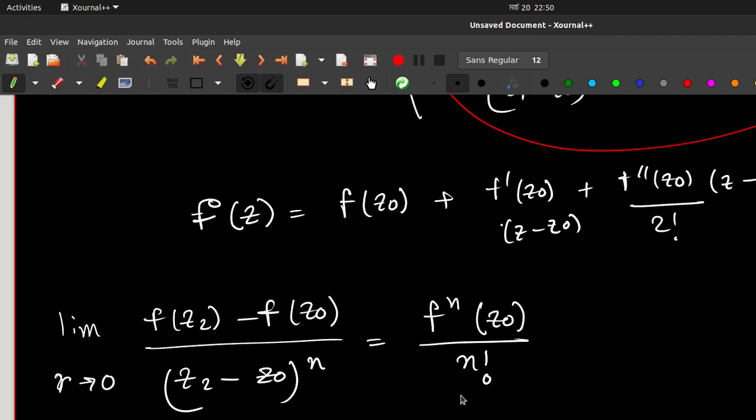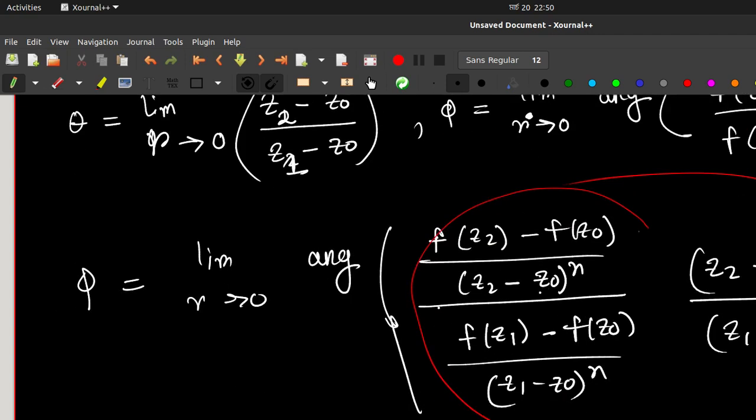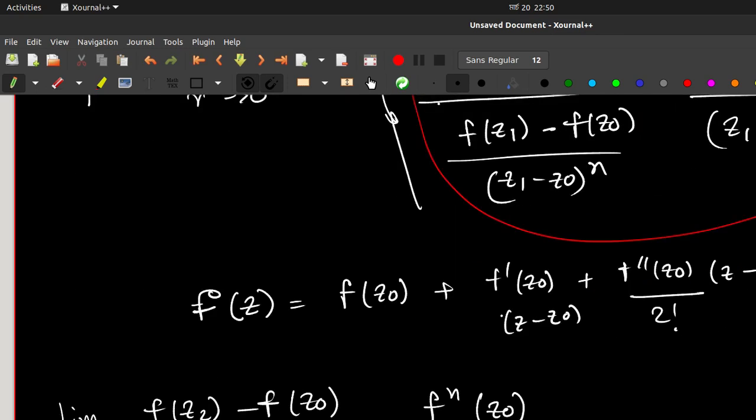This is what I'm saying, alright? Because if you just look at these terms over here, you can easily see that, and you have to compare this with the Taylor expansion.